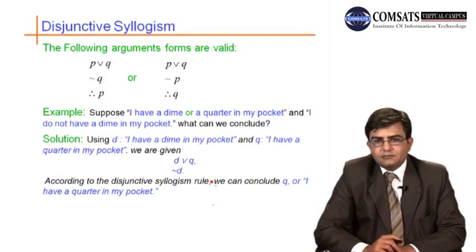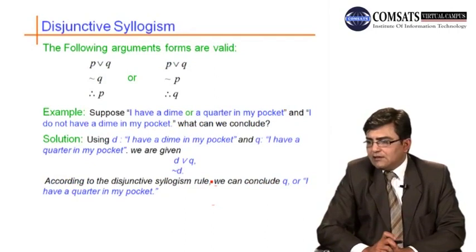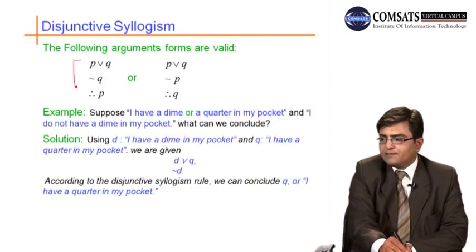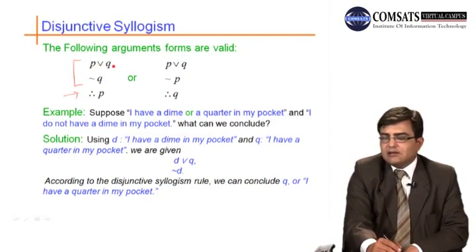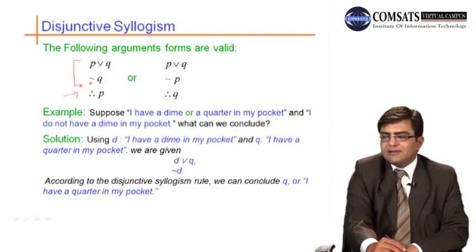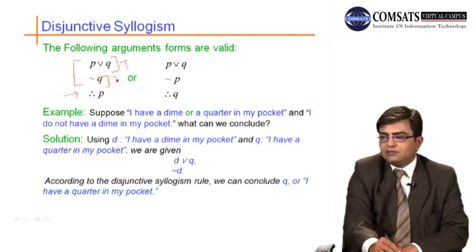Next is disjunctive syllogism. In disjunctive syllogism, we suppose we have two premises and the conclusion. As we have discussed earlier, in an argument we suppose that all premises are true, and on the basis of the truth value of the premises we draw a conclusion. Here we suppose that as a whole P or Q is true and not Q is also true.